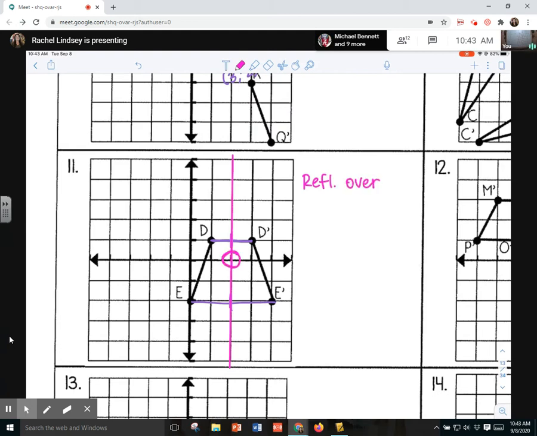The x-axis. So I have x equals a number, and what is that number? 2. Reflecting over x equals 2. Is there a rule for reflecting over x equals a number? No. So for that one, you'd write no rule.